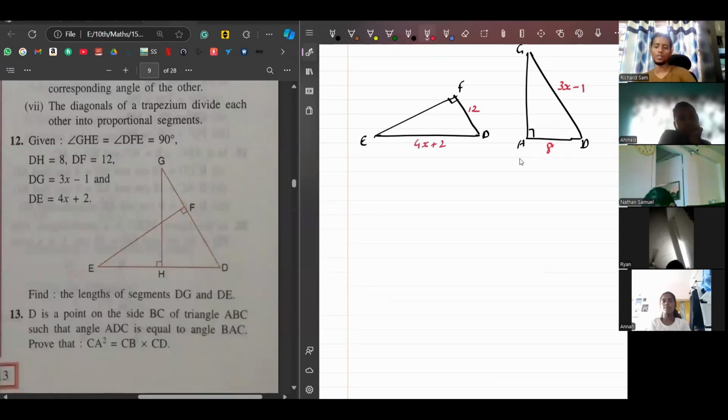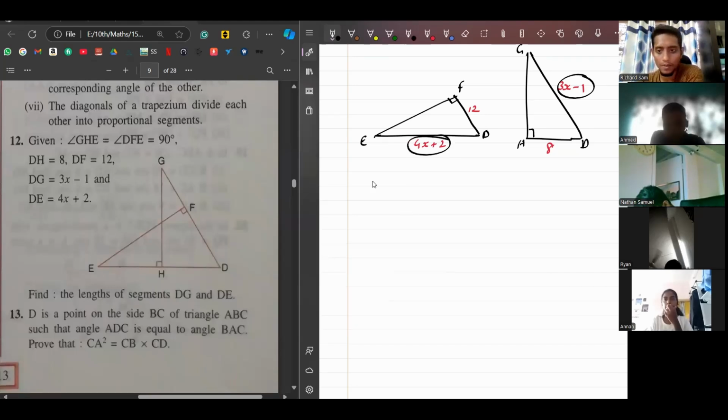Okay, so out of the two triangles, they have given two sets of sides. Now, which are the sides that are proportional to each other? We have to first show that these two triangles are similar, and then we have to show which sides are corresponding, and they'll be proportional to each other. Question is to find DG and DE. DG, that means this DG you have to find, and DE, you have to find this value.